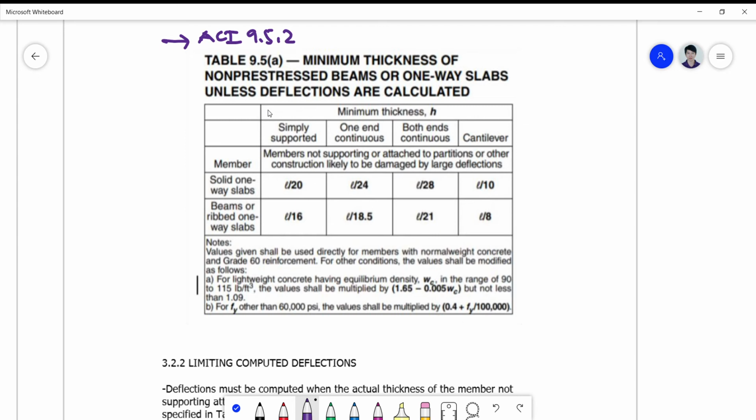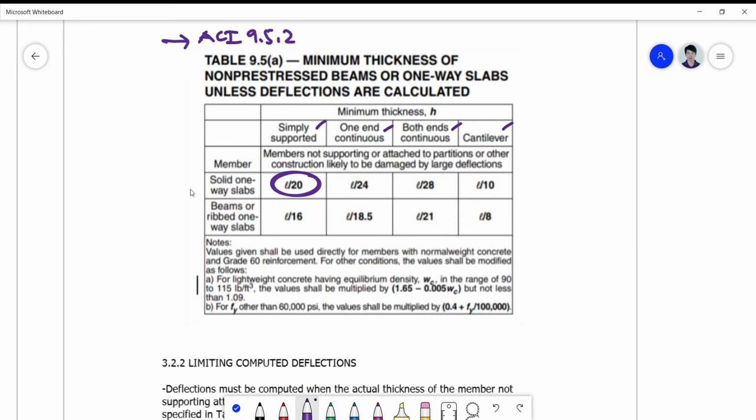Here is the 1/20 that I'm referring to on the old codes, and then it extended into some improvement on the choice of what particular support condition you might have. You might have a simply supported beam, one end continuous, both ends continuous, and a cantilever beam here.